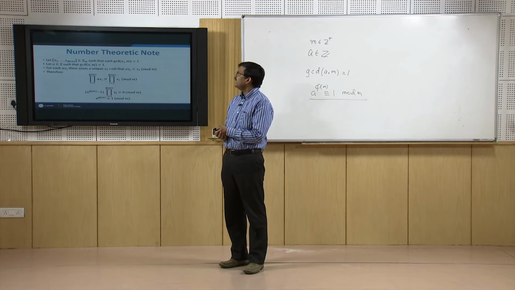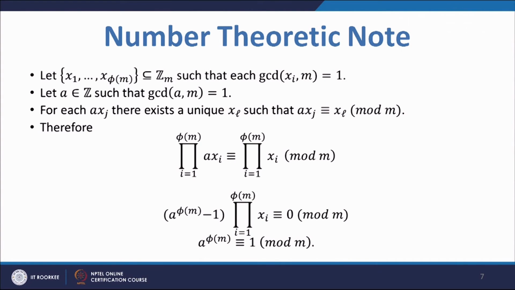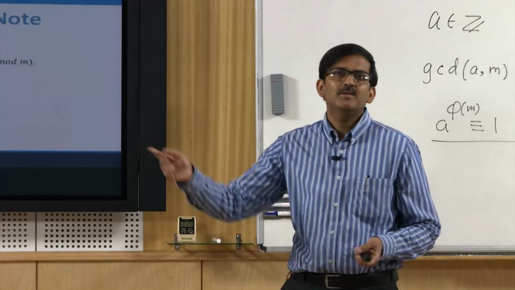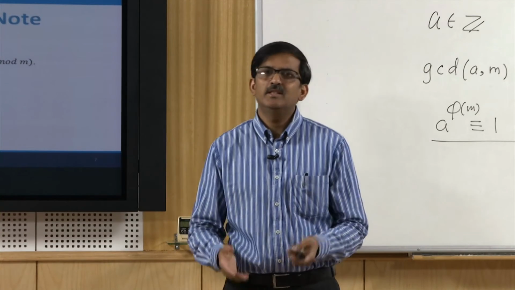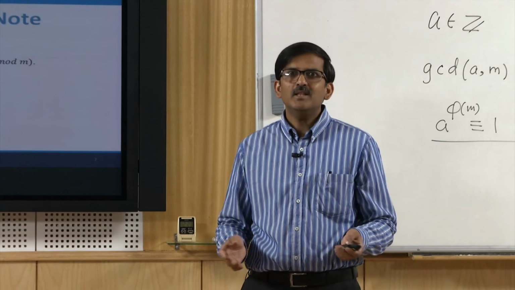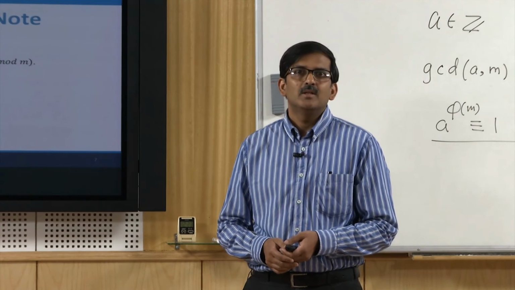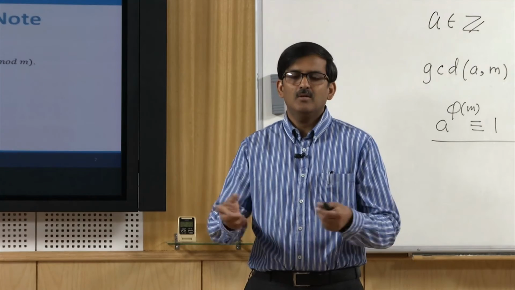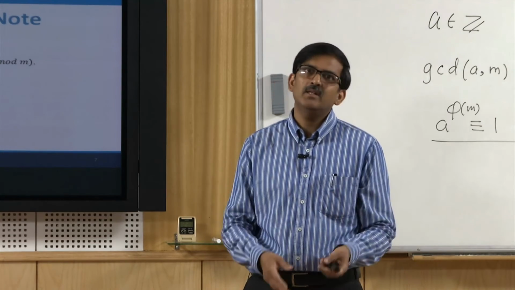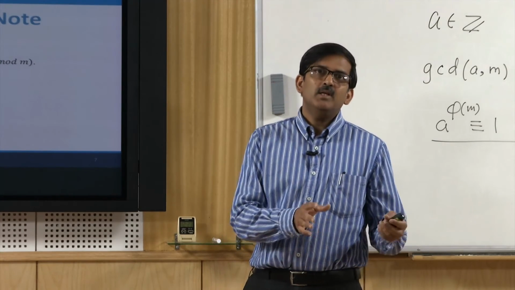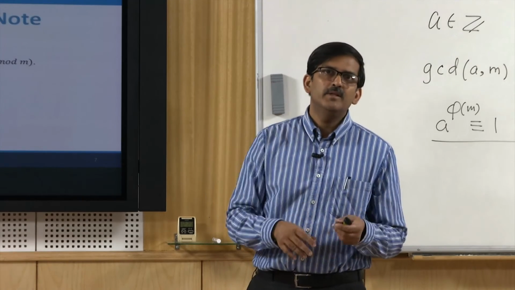If I take an integer a co-prime to m and multiply all these xi's by a and then reduce modulo m, I will be getting all the distinct xi's one by one in a certain order. It is not difficult to see that we will be getting all the distinct ones, even if we multiply them by a and reduce modulo m.